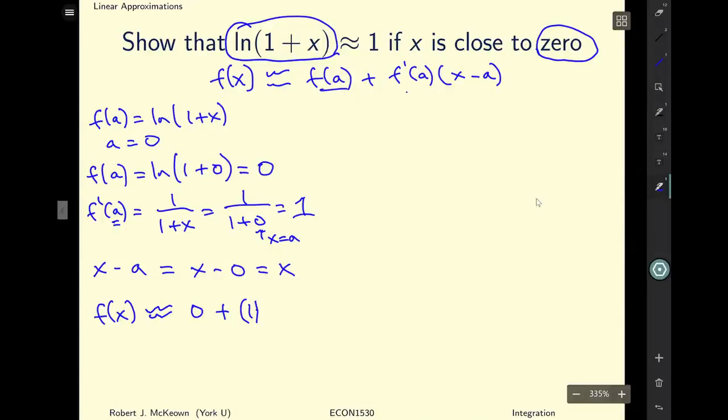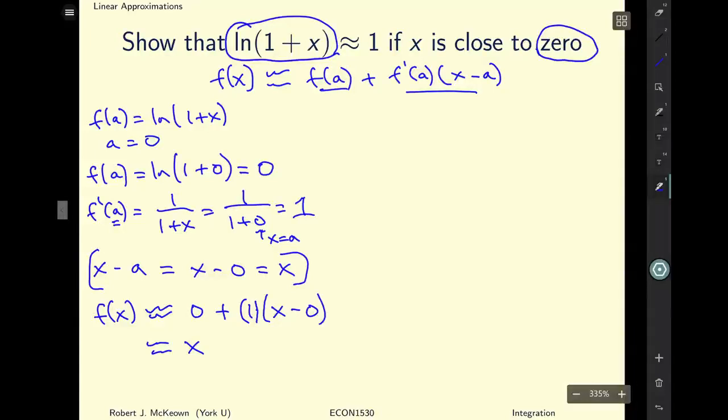Remember, I'm just following along this expression up here. Plus 1 multiplied by x minus 0. I'll just put in the minus 0, make sure you remember what I was doing here. And you can see that we're just going to be left with x.